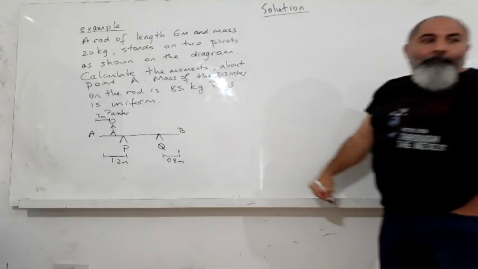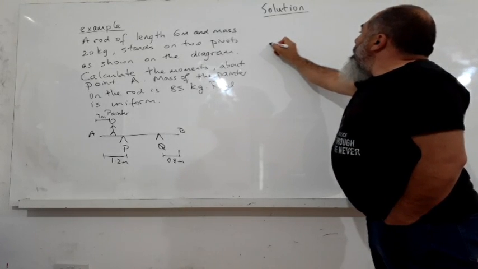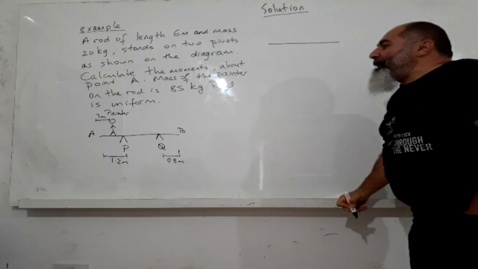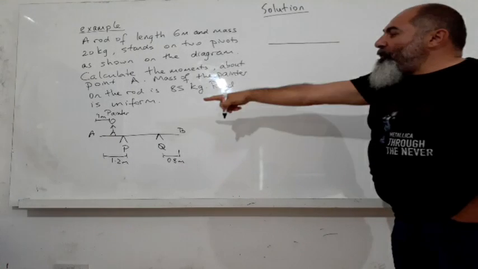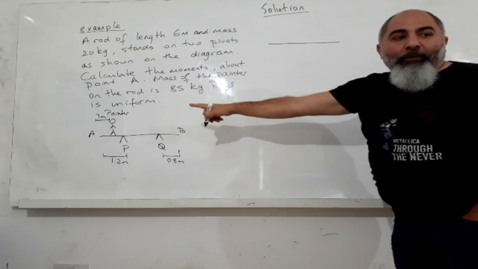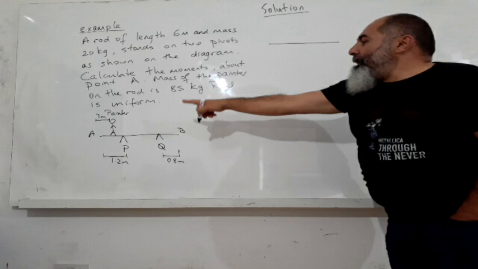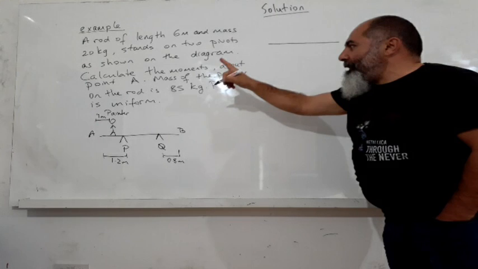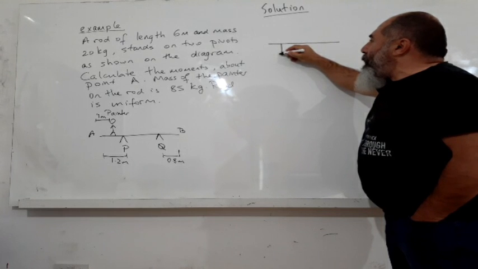Draw a straight line representing the rod. What is the first force that we see on the rod? It is the painter with mass 85 kilograms, which represents a force of 85 G pointing downwards.